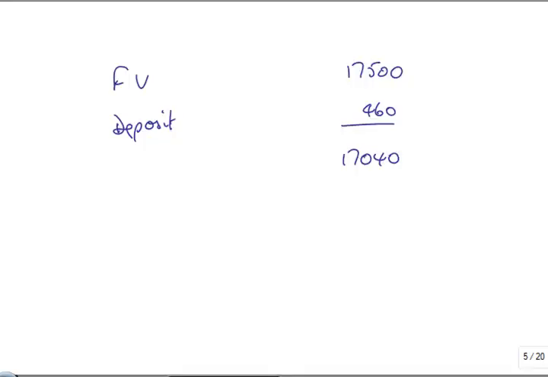And we borrowed that for a year. The interest rate is 10%, which is 1,704. And before we make this first 3,500 installment payment, we therefore owe 18,744.